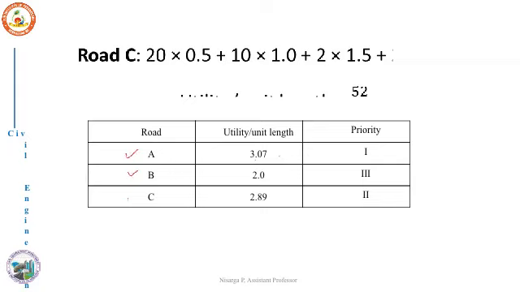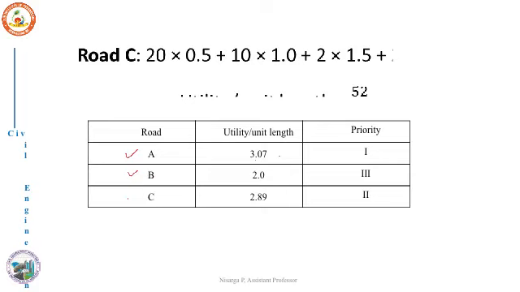So now you can see that for road A, utility per unit length is 3.07, which is maximum compared to the other two networks. So we will give the first priority for road network A. Subsequently, second priority will be given to road network C, as its utility value is slightly higher than road network B, and the last priority will be given for road B.